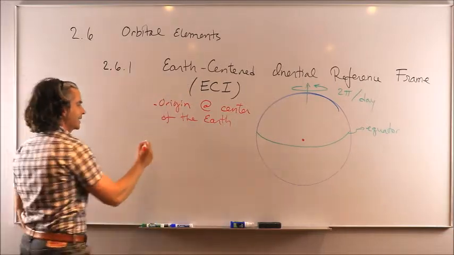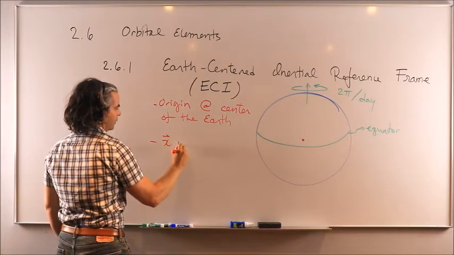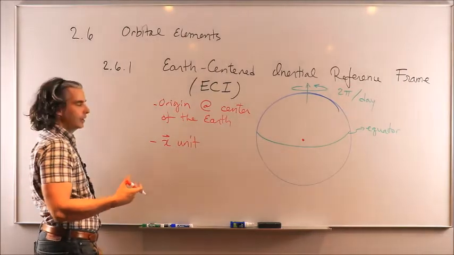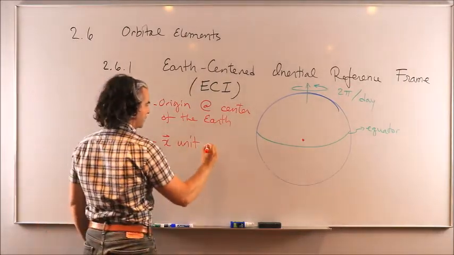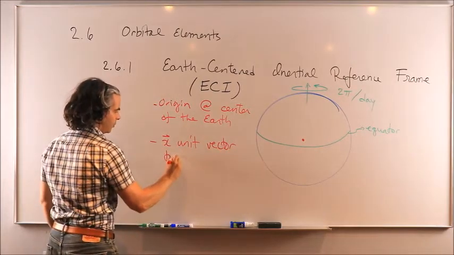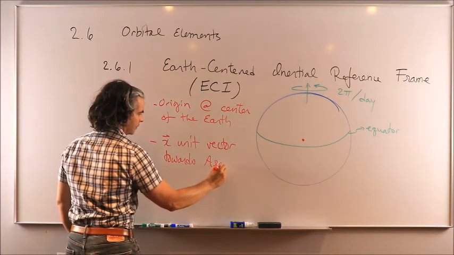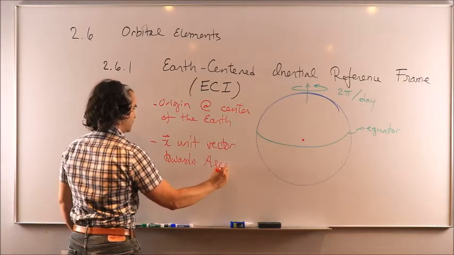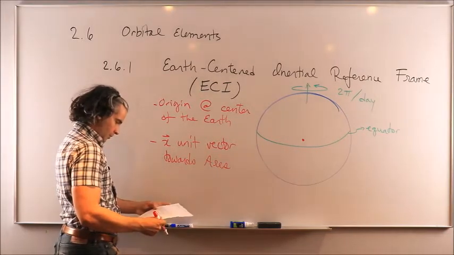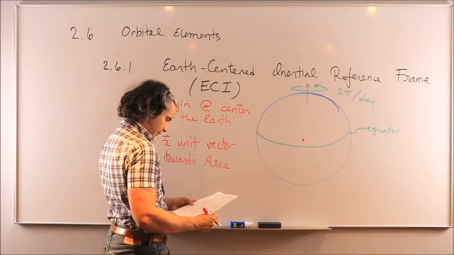It has its x-axis, the x unit vector. Remember our discussion about unit vectors in chapter 1. So its x unit vector is pointing towards Aries.